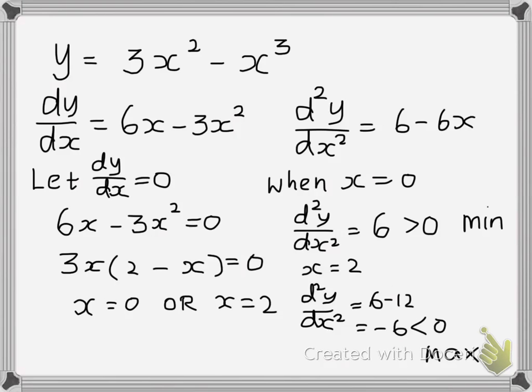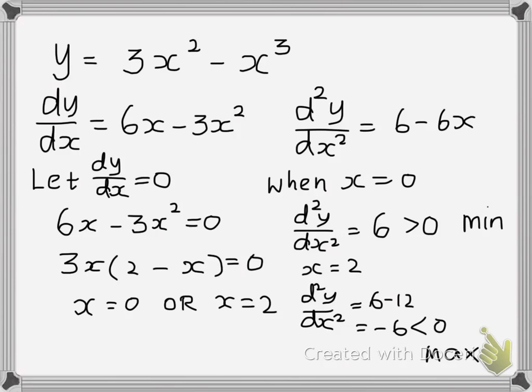So in this function, 3x squared minus x cubed, there are two stationary points: one minimum and one maximum. The minimum occurs when x equals 0, and the maximum occurs when x equals 2.